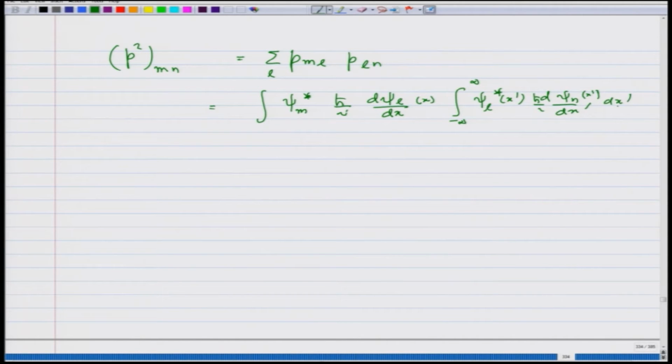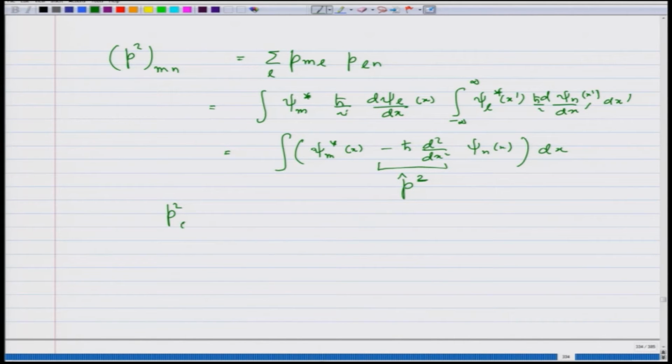Then I use the orthogonality condition to show that this is equal to the integration of psi m star x, minus h cross square d2 by dx square, psi n x dx. This therefore is the operator for p square, and you can see that the p square operator is nothing but p times p operator.